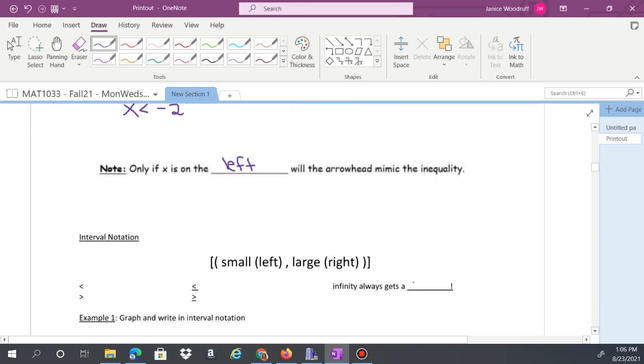Infinity will always get a parentheses. The less than or greater than get a parentheses. The or equal to gets a bracket.